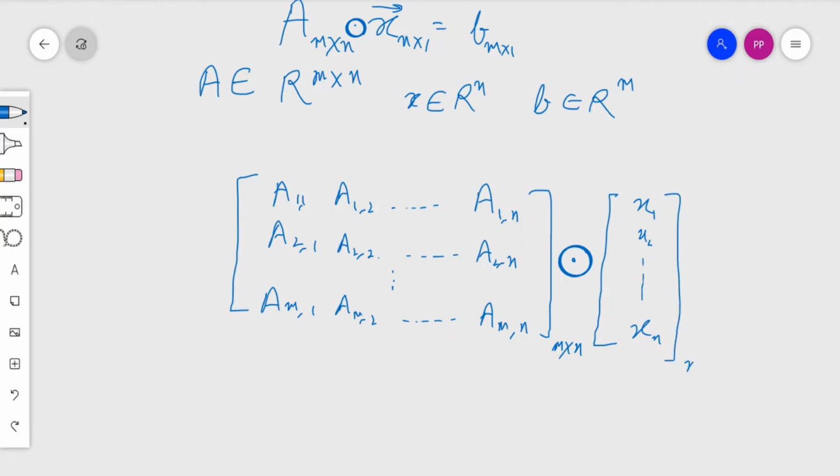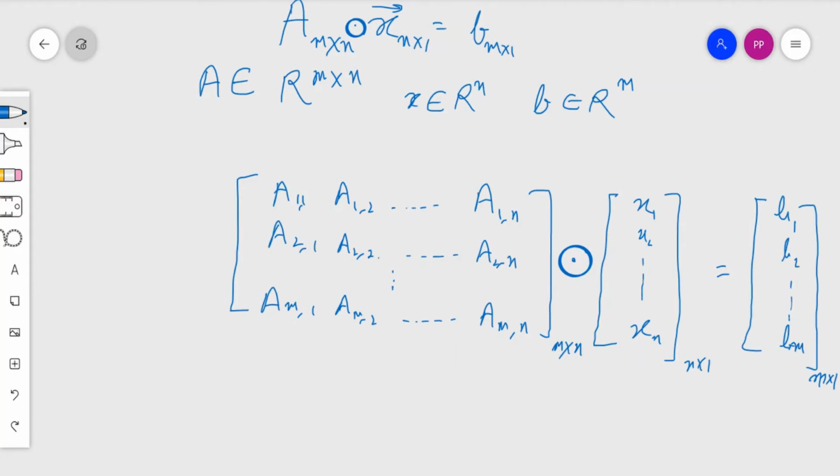So this is n by 1 and this should be equal to the vector b1, b2 up to bm, because the Hadamard product of A and X will result in a vector which will have m rows and 1 column. So to equate with the right hand side, we should have the vector of same order, that is m by 1, like this.